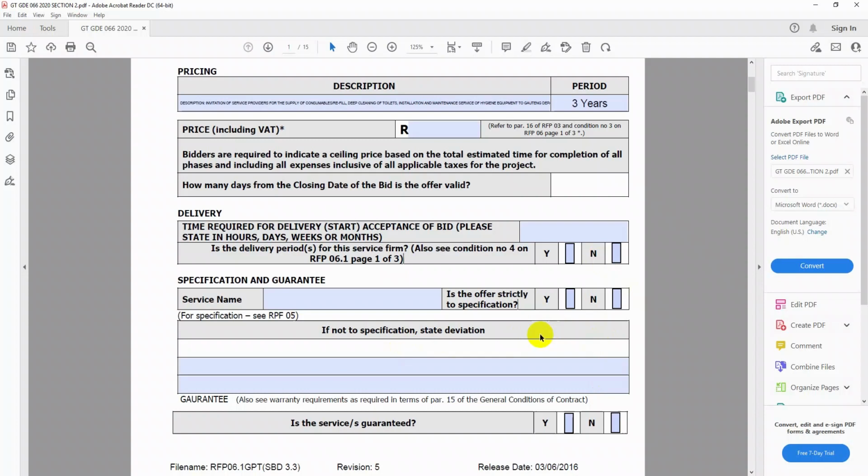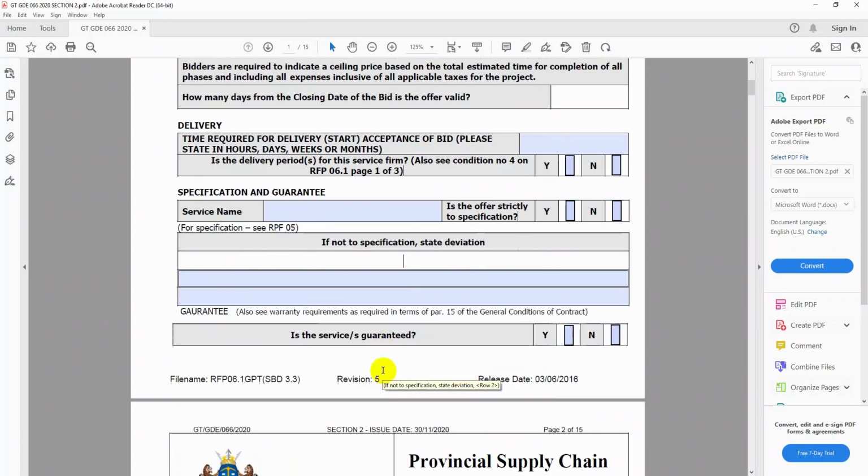Maybe you can put those kinds of reasons there, that it's not according to specification because you went to all the manufacturers and when you did your quotation, you could not find the stainless steel equipment they are looking for. But most of the time the offer is directly to specification. So unless it isn't, you will tick no and give the reasons there.